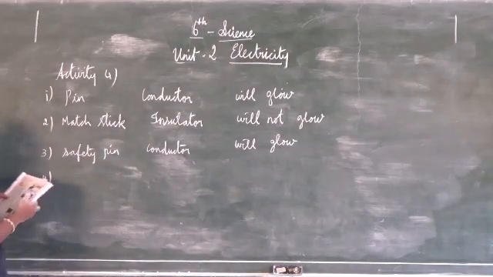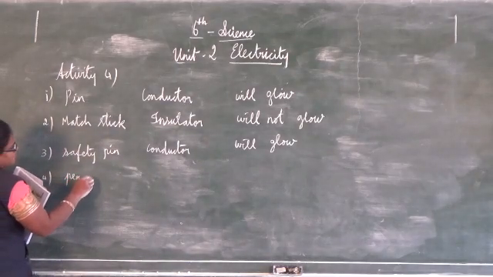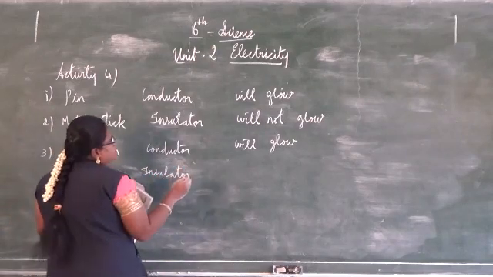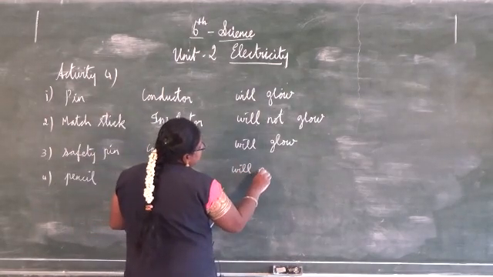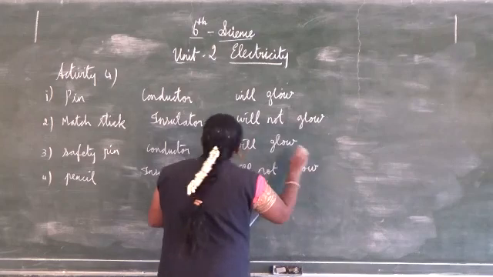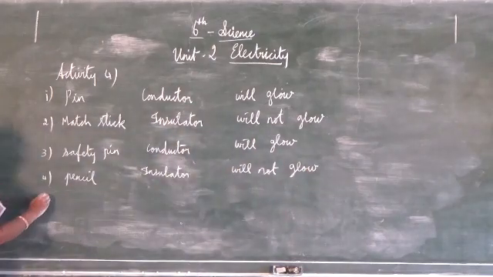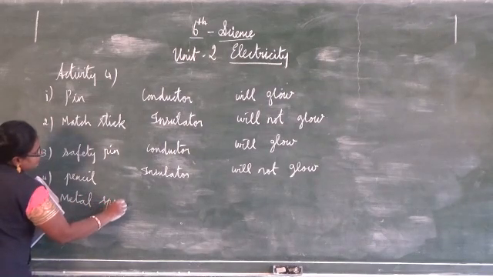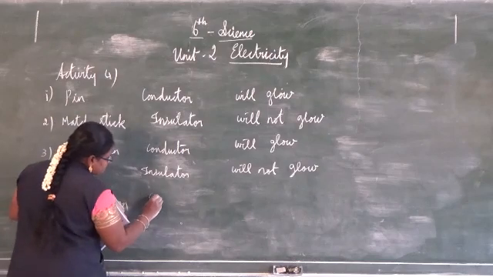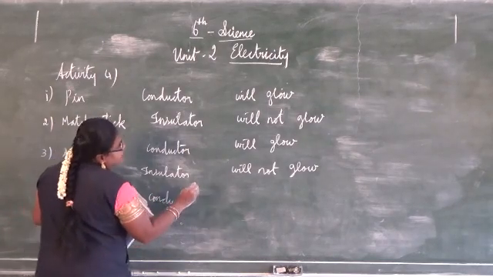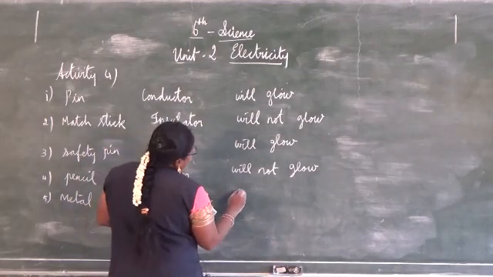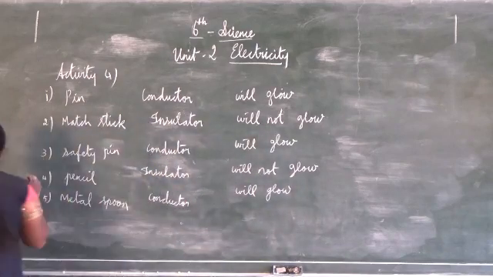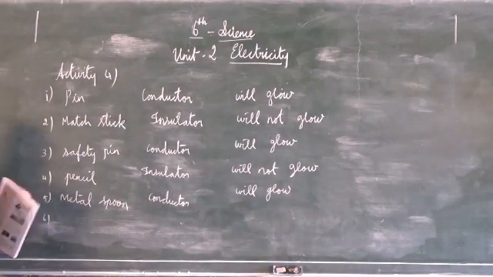Then the fourth one, pencil. It is an insulator, so obviously the bulb will not glow. Then the fifth one, metal spoon. It is a conductor, so the bulb will glow. Then the sixth one, they gave rubber.